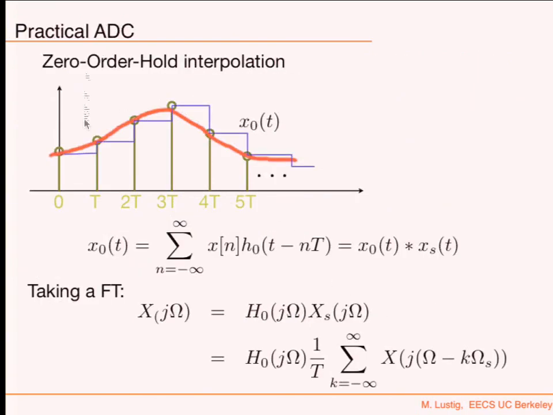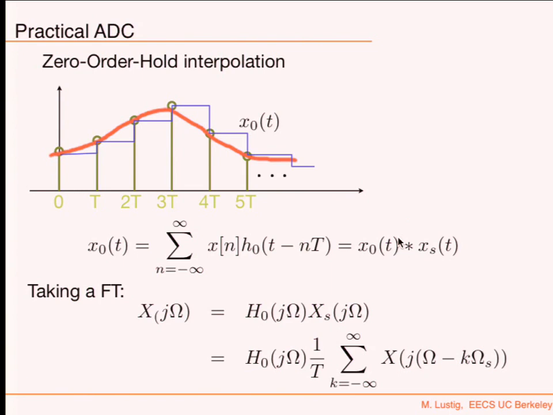So zero-order hold interpolation is effectively, instead of doing this sync interpolation, you basically hold it, and then when the next sample comes in, you change the voltage. You hold it, change the voltage. Hold it, change the voltage. Okay? So it is a convolution between x of 0 and really the impulsive version, x of s. Remember x of s, which is the impulse train?